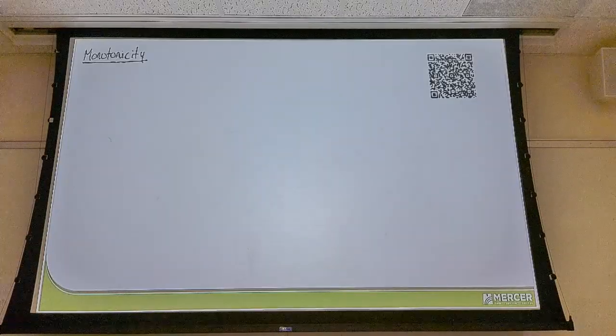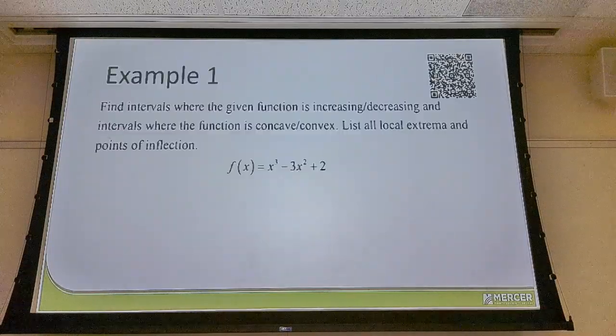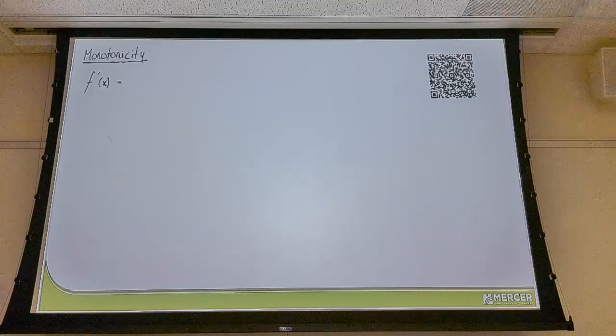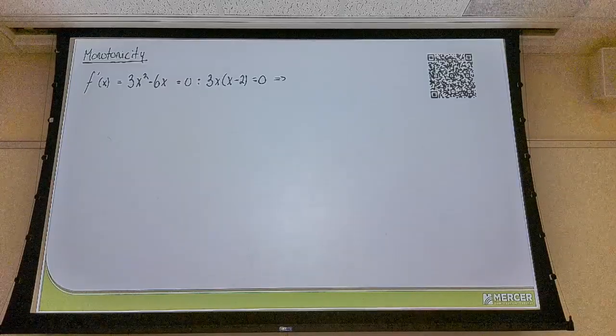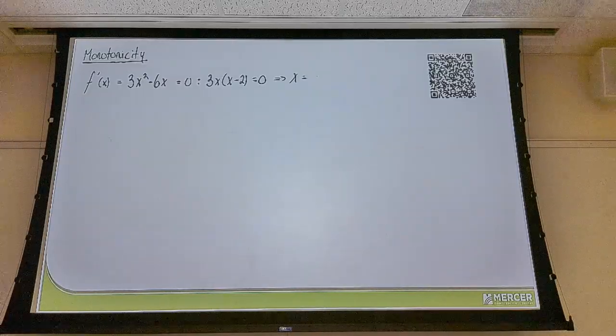This is the analysis of f prime. What is that derivative? 3x squared minus 6x. Is that undefined anywhere? What are the solutions? 2 and 0.